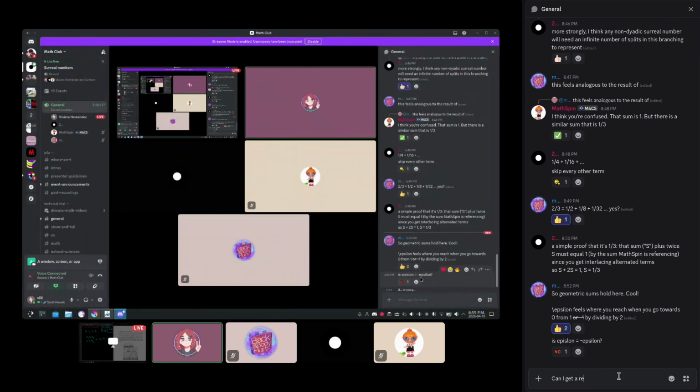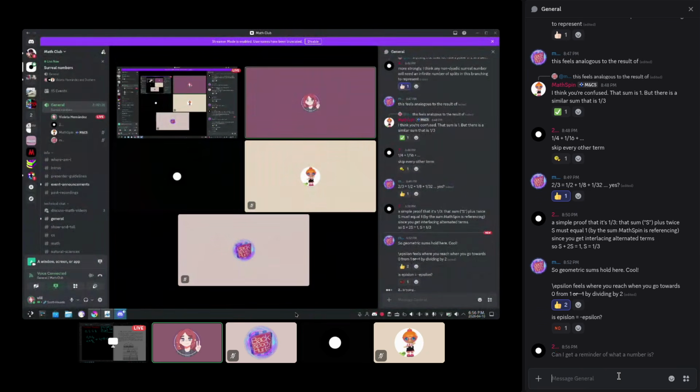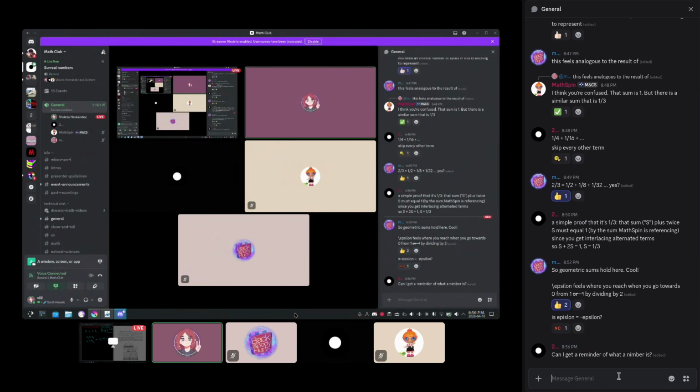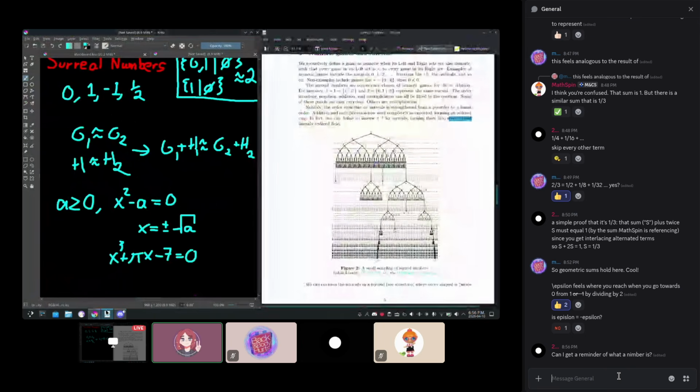Is epsilon equal to minus epsilon? No, that's not true. I probably should have mentioned that explicitly. The surreals are linearly ordered. Like I mentioned earlier, games had this weird sort of comparison where they weren't only reflexive and transitive.